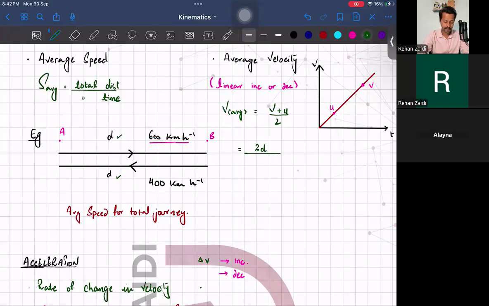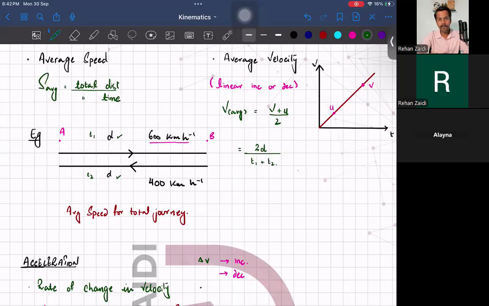So it's obvious that the plane would have covered the two distances in two different times because of the two different speeds, right? So I cannot say that the time from A to B and the time from B to A is equal. So I just name them T1 and T2. So if I'm finding the average speed, it would be total distance over total time. So this is how it can be written.